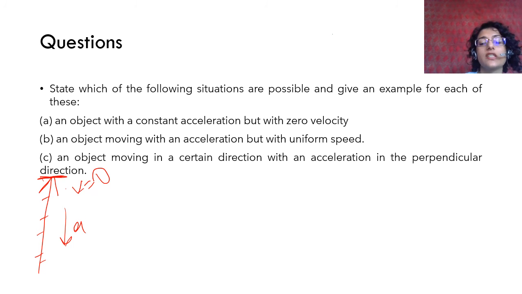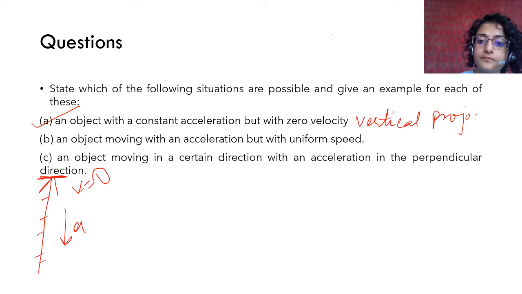It is so even at the topmost point when the velocity is zero. Therefore this situation is possible in a vertical projection, right? When an object is thrown upwards, at the topmost point the velocity becomes zero, but it is still acted upon by acceleration due to gravity.